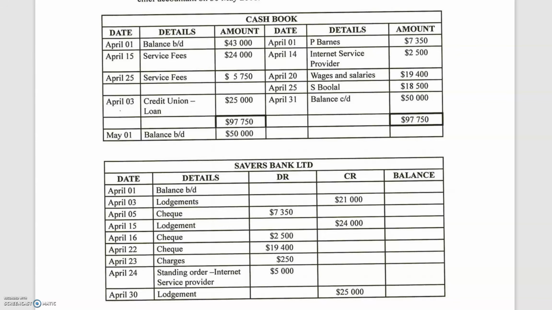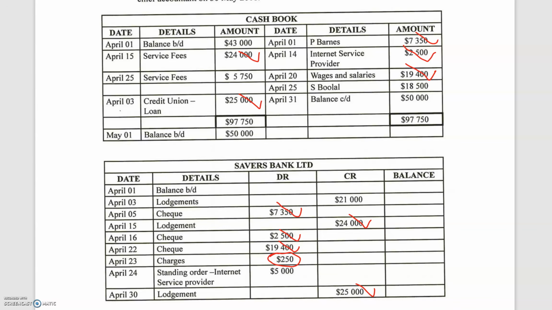So let's do that process now. Okay, so we are going to tick off those entries which appear in both. So there we have the similar entries ticked off, and we are going to circle those entries which do not appear in both.